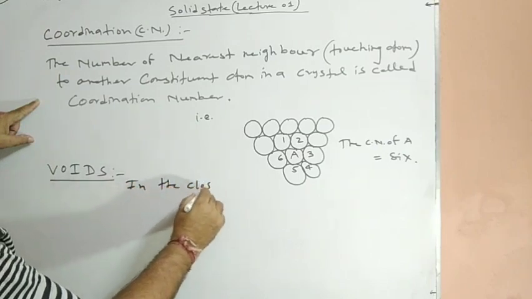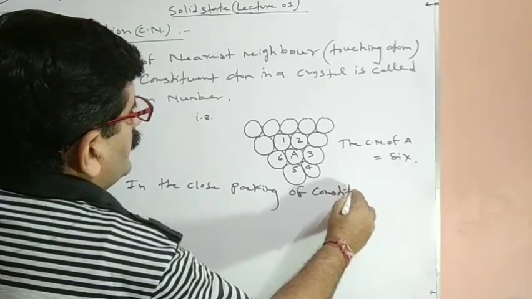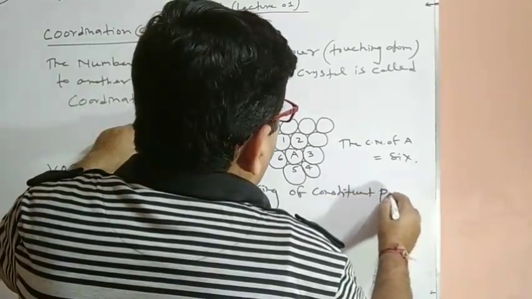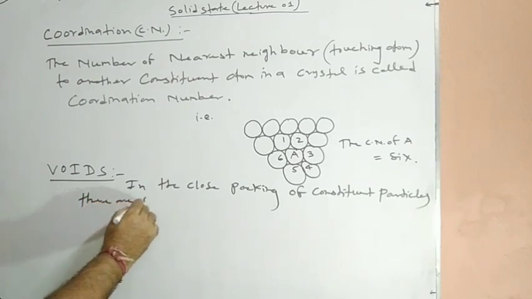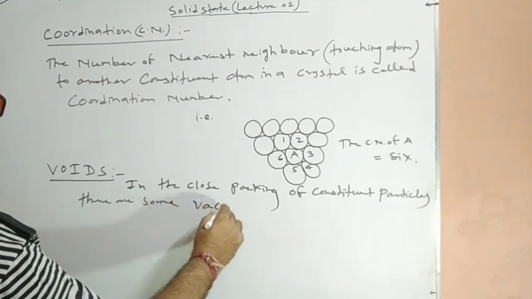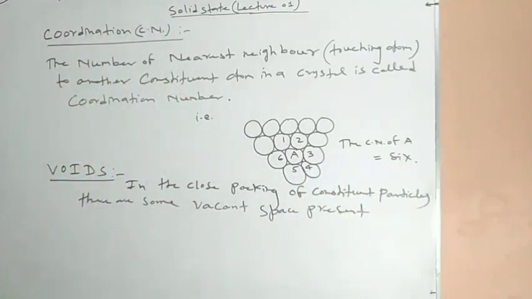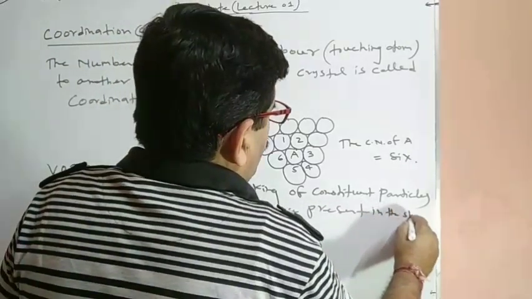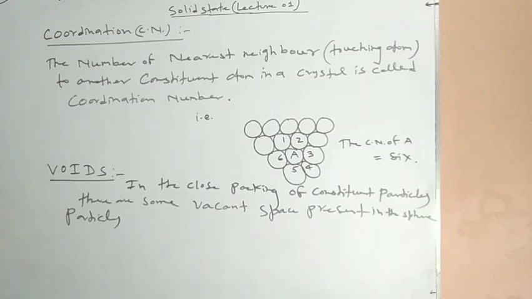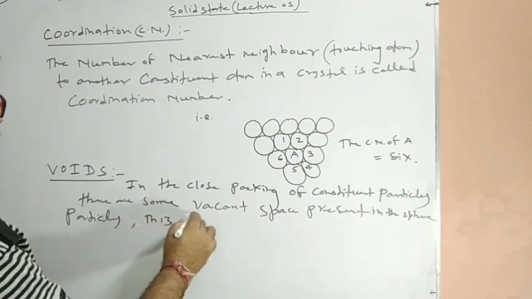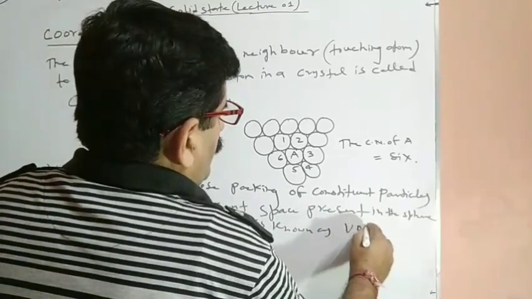In the close packing of constituent particles, there are some vacant spaces present between the sphere particles. This space is known as voids.